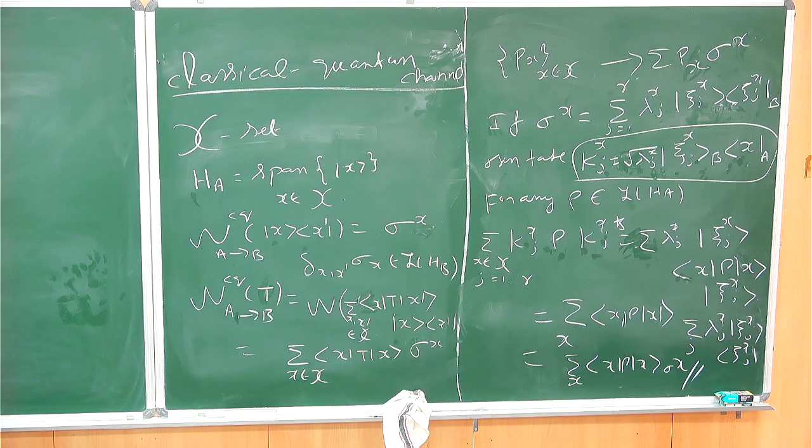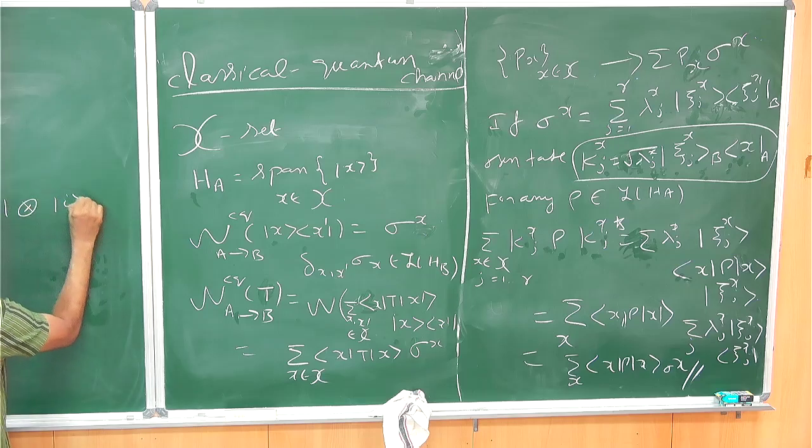The Choi matrix is the following: if you have ij tensor ij, the Choi matrix is 1 tensor N of this summation.